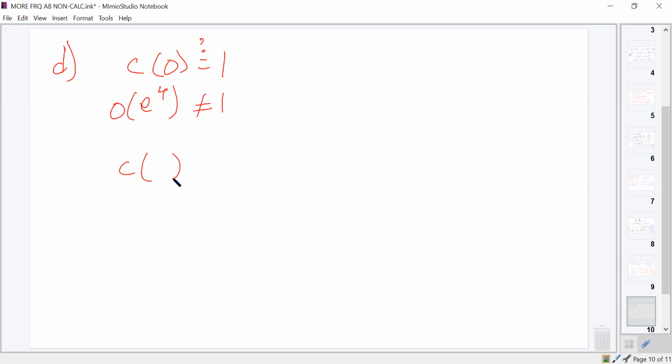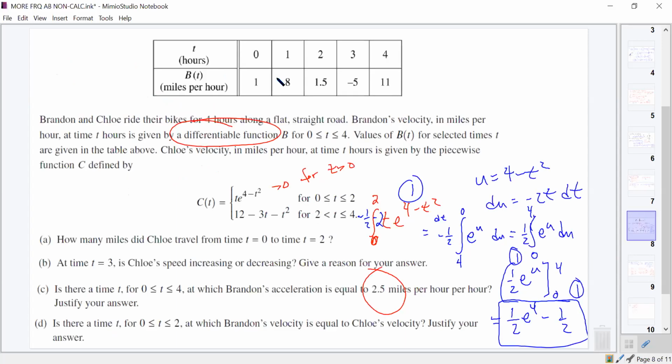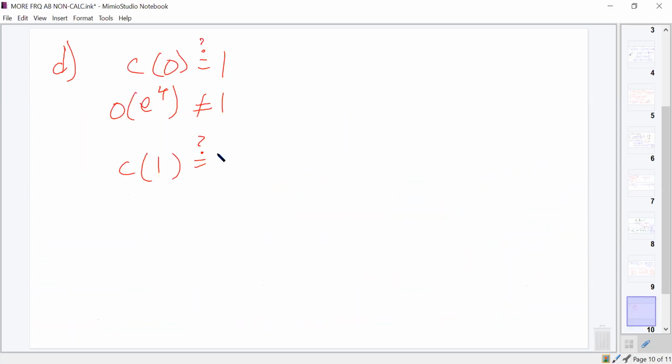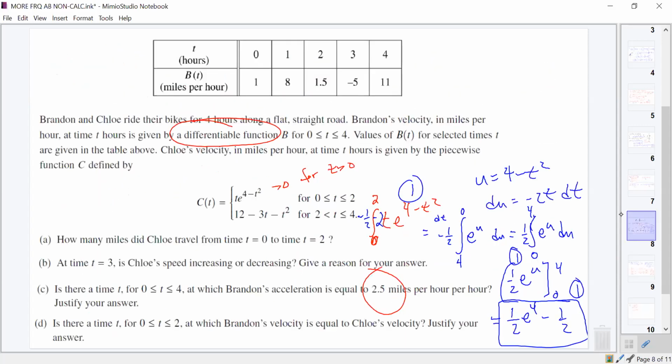Next option would be C of 1. Does C of 1 equal 8? Well, C of 1 was, well, there it is.